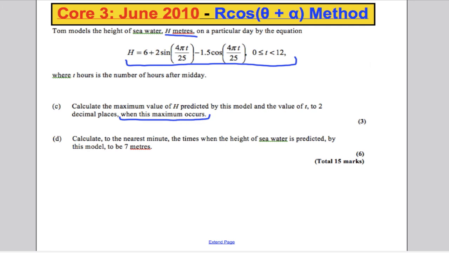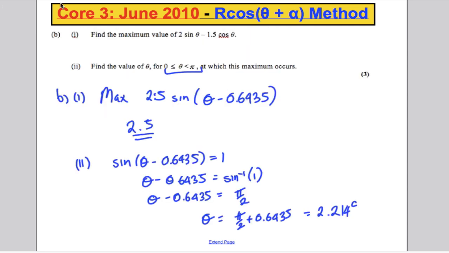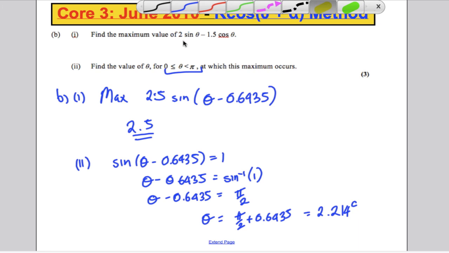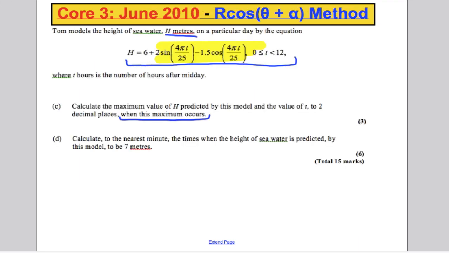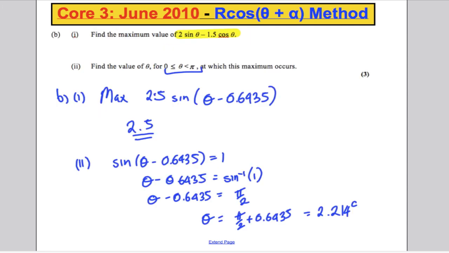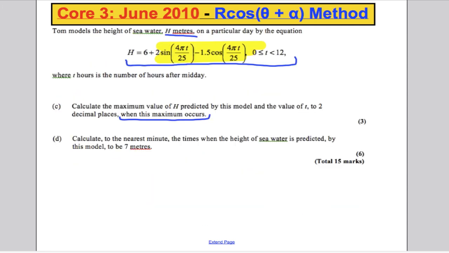Well, this bit anyway, 2 sine 4 pi t over 25, subtract 1.5 cos 4 pi t over 25. That looks a little bit like this, apart from theta is swapped by 4 pi t over 25. Okay, it's the exact same apart from that.